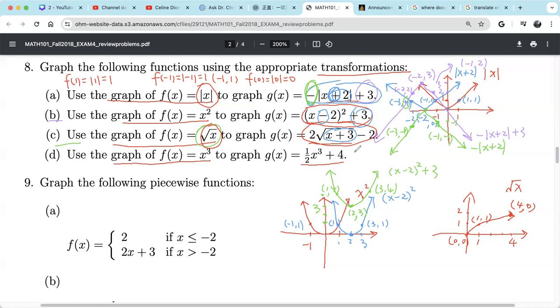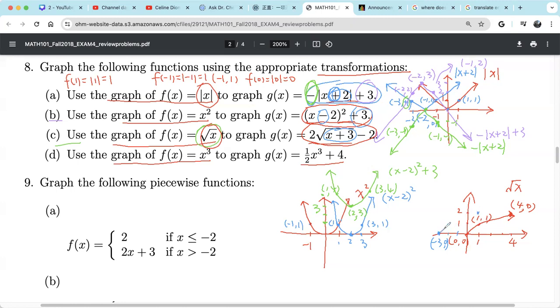Plus 3 means we push everything to the left 3 units. So this is -1, -2, -3. So now 0, 0 is pushed to -3, 0. And then 1, 1, 1 minus 3, that's -2, so -2, 1. So at this point. Then 4 minus 3, that's just 1. So we have this point, 1, 2.